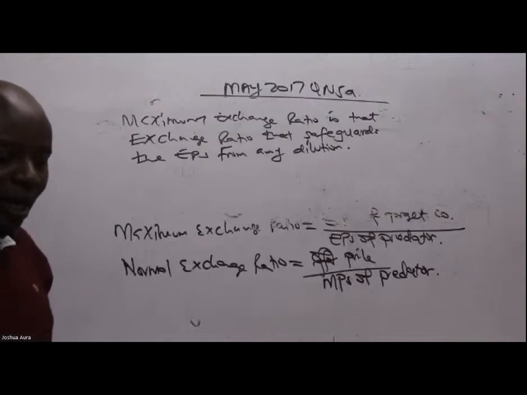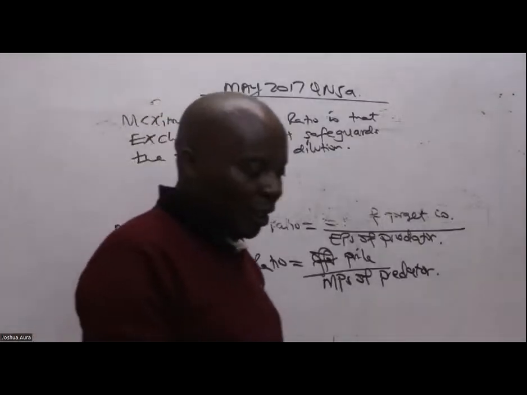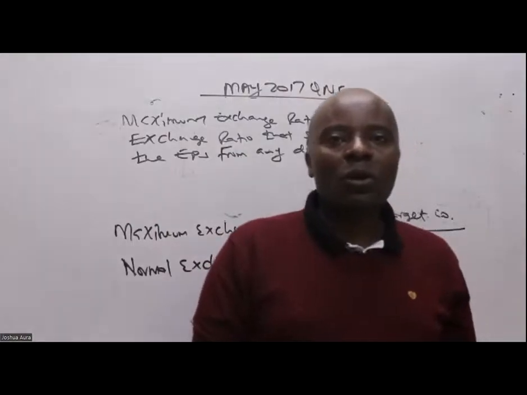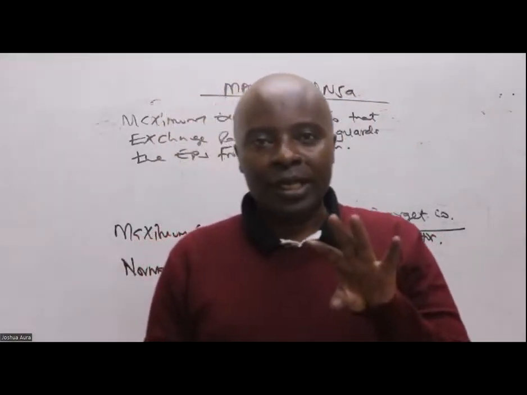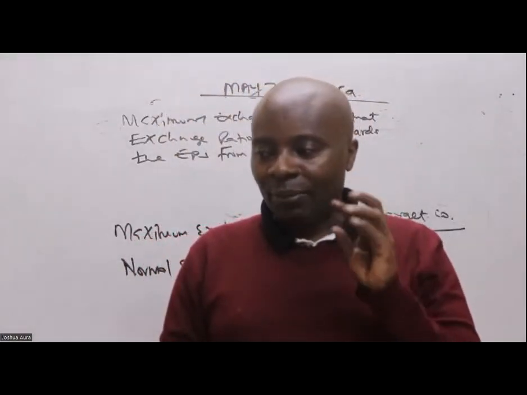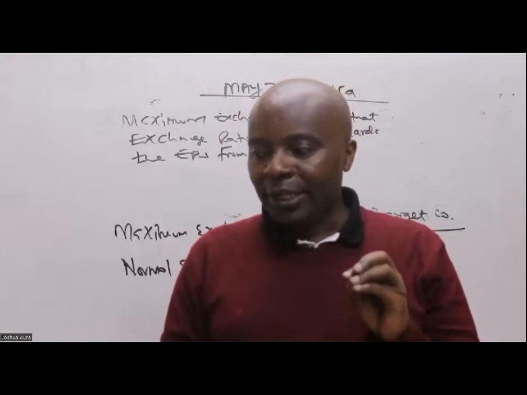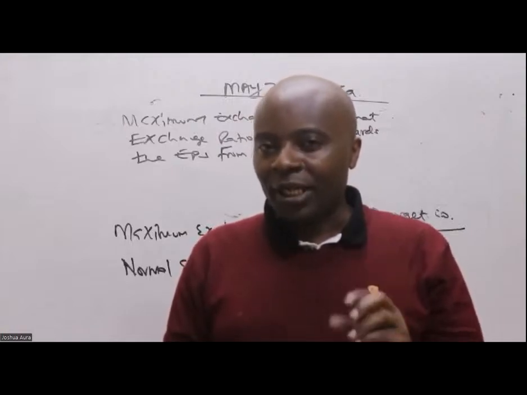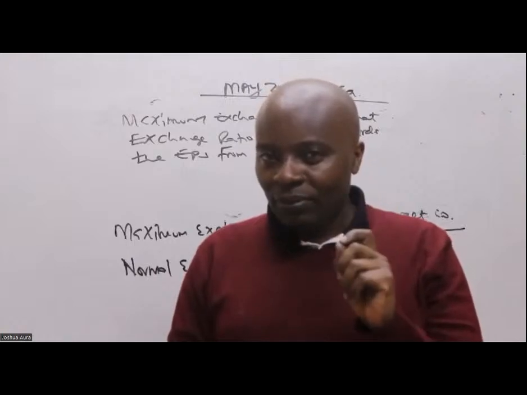You know, outside there in the US, in the UK, when you are a CEO and the company that you are leading has been posting an EPS of 10 bob.